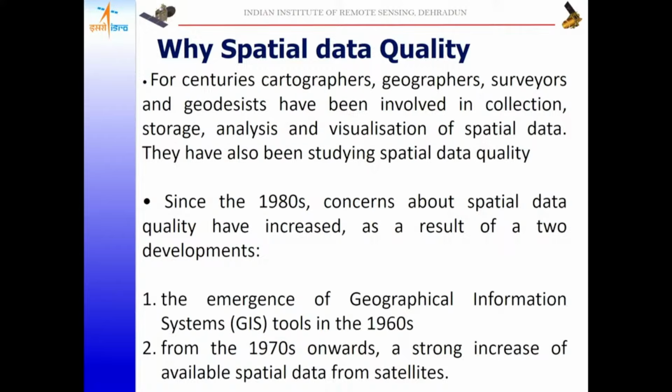When you have limited information, that time it is sufficient. In the 1960s and 70s, very few satellites were available. We were getting limited images, even aircraft images, by putting a camera on an aircraft. Seeing from the sky was a big thing.